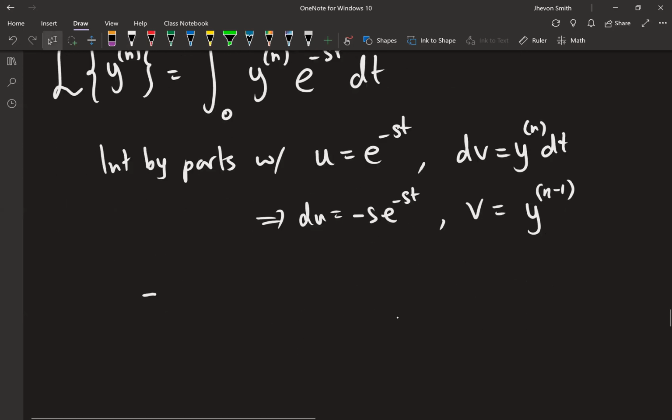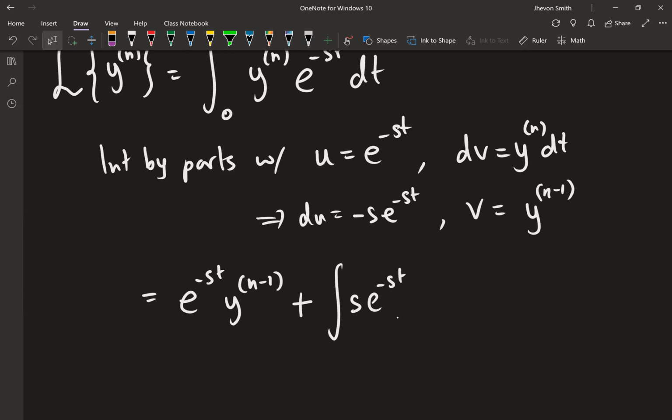And so plugging this in, it's u times v minus the integral, which becomes plus, of v du.